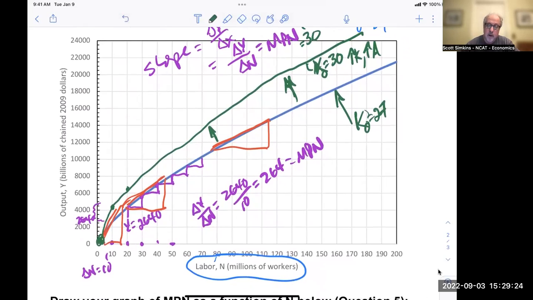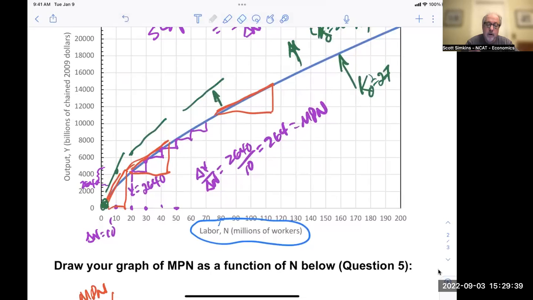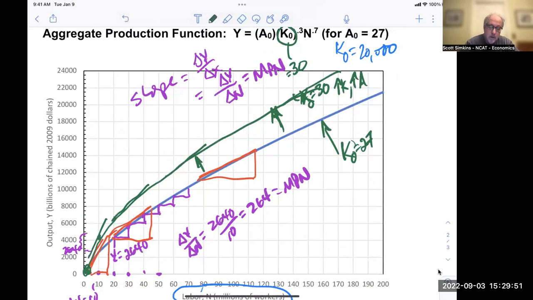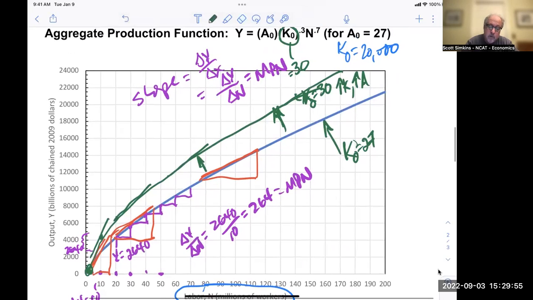So what does that do to the marginal product of labor? Well, when you actually do the calculations in a new table, what you'll see here is that the slopes on the green line are, because it's tilted up, bigger at every N. In other words, the marginal product of labor for every N is bigger when A is equal to 30.